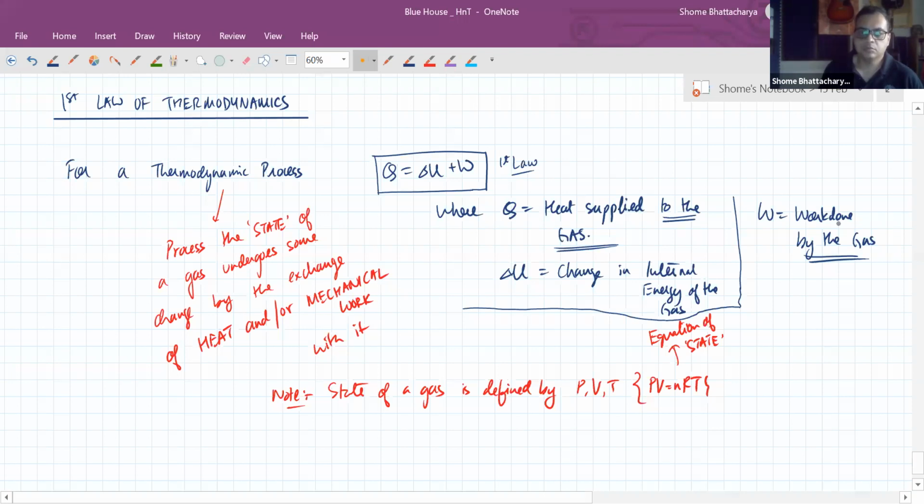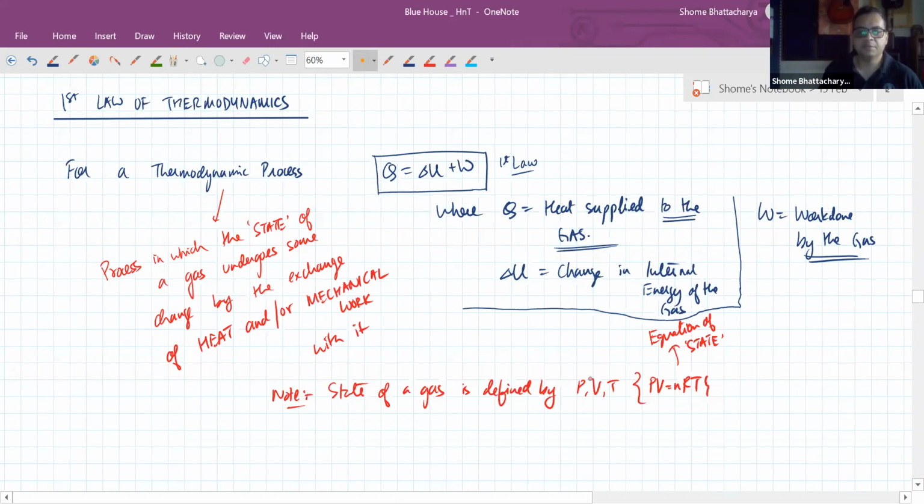Okay, sorry, what we mean by this is that it is a process for which the state of the gas undergoes some change.